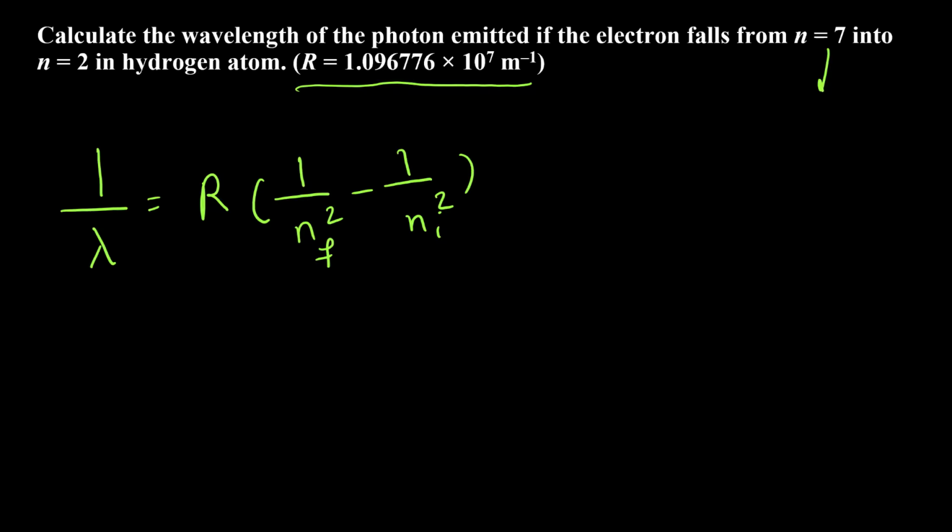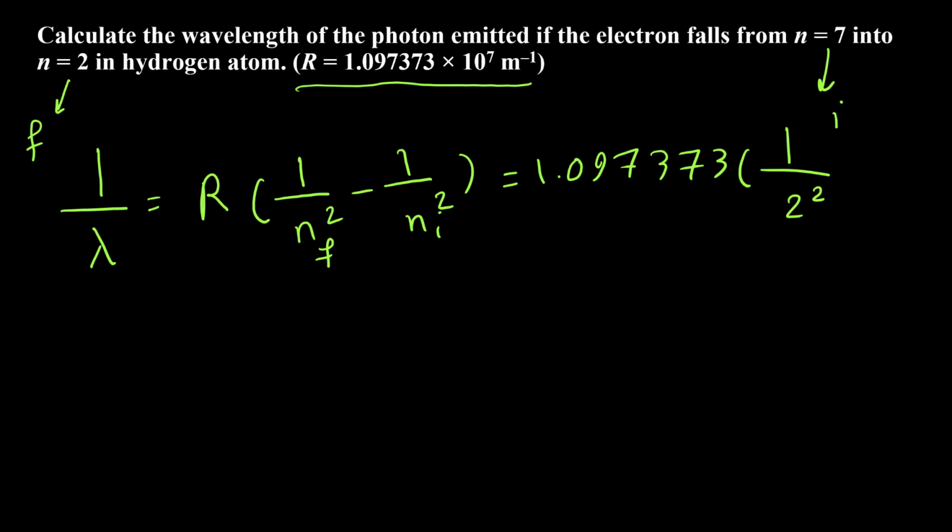So initial is 7 and final, or destination of the electron, is level 2. So the value for R is 1.097373 times 10 to the 7, times 1 over nF squared. nF is 2, so 2 squared, or we can just write 4, minus 1 over nI squared, and nI is 7, so 7 squared, or we can just write 49.